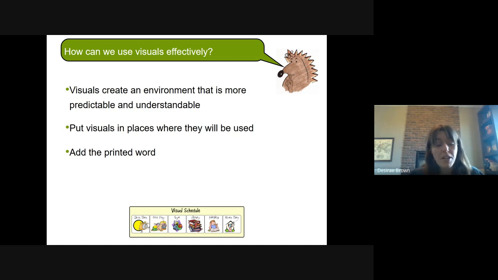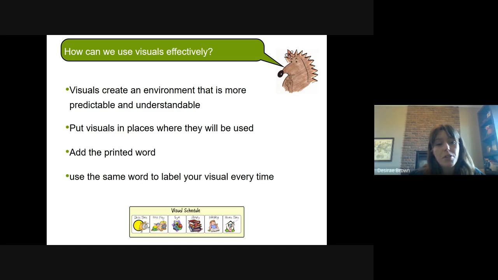So it's great to start with both. Older people, like sometimes myself, I'll just jot down a sticky note and that's enough for me now. But introducing the printed word at the very beginning is a great idea.